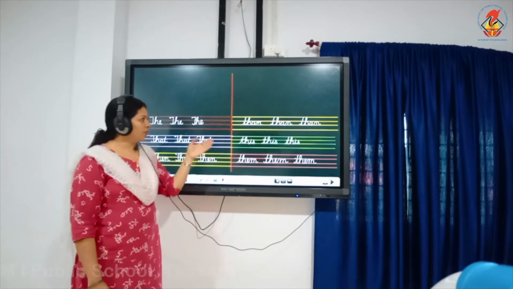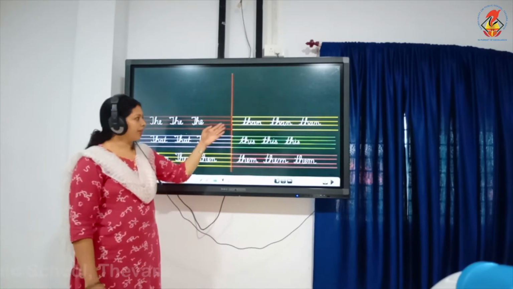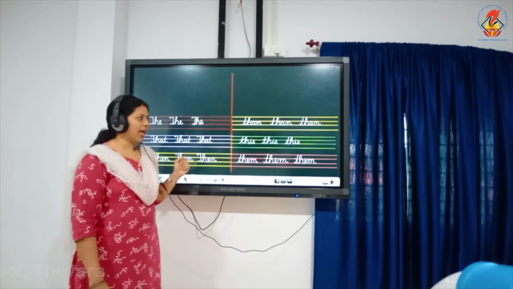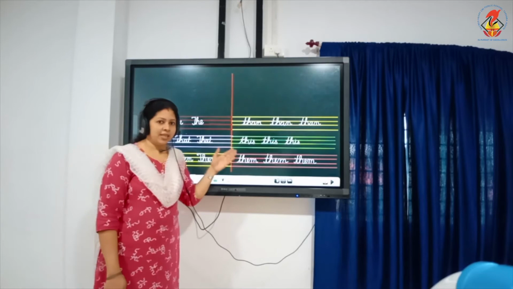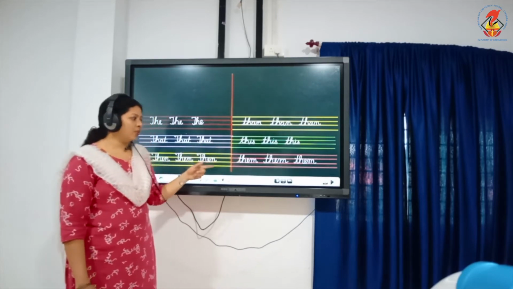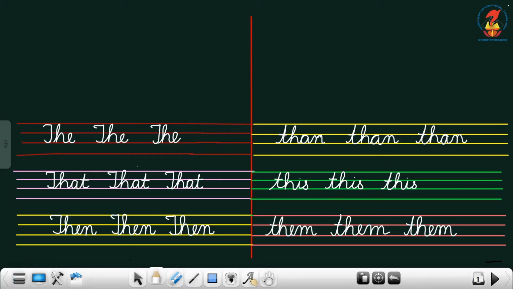Small letter words with T: T-H-A-N, than, T-H-I-S, this, and the last word T-H-E-M, them. So shall we revise once more? T-H-E, the. T-H-A-T, that.